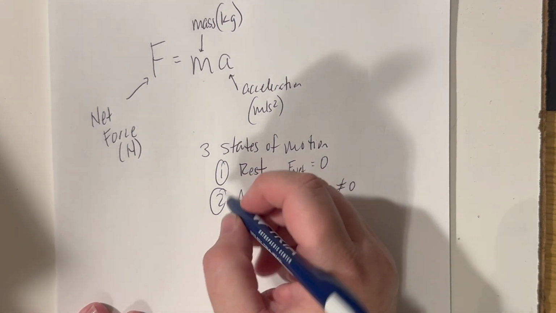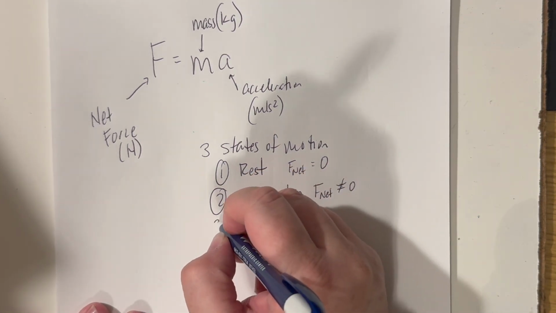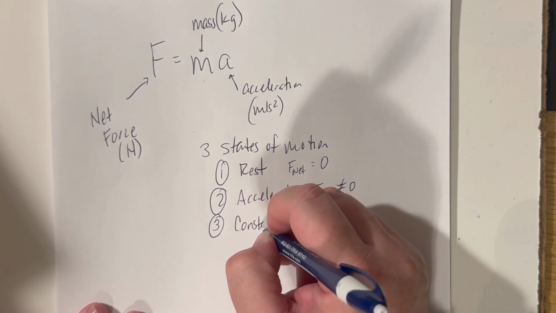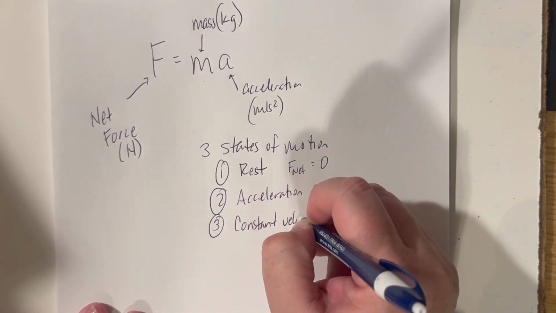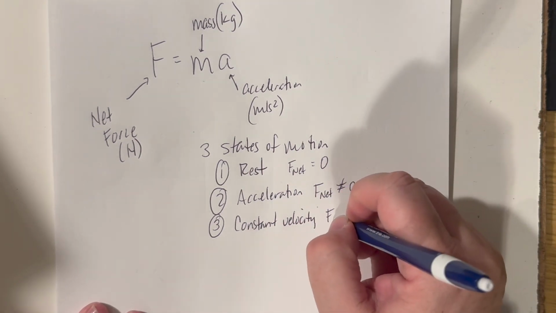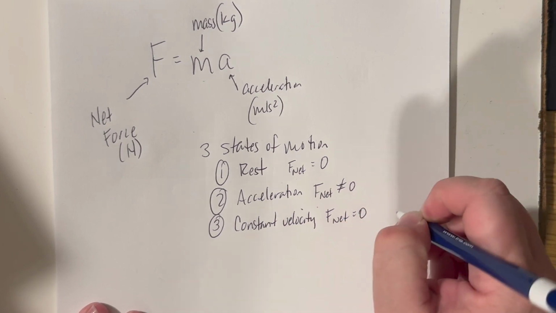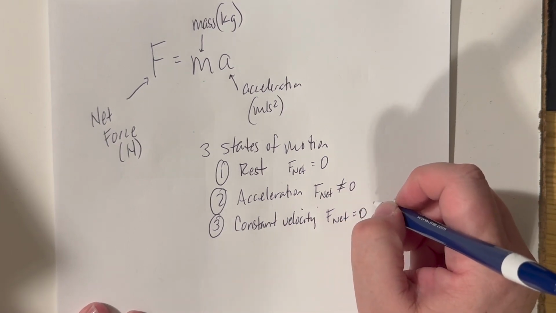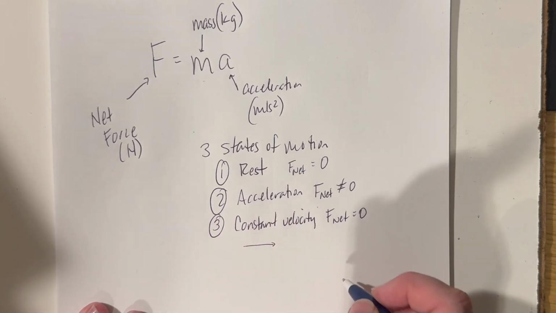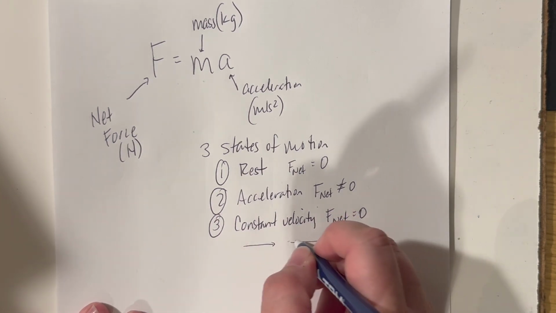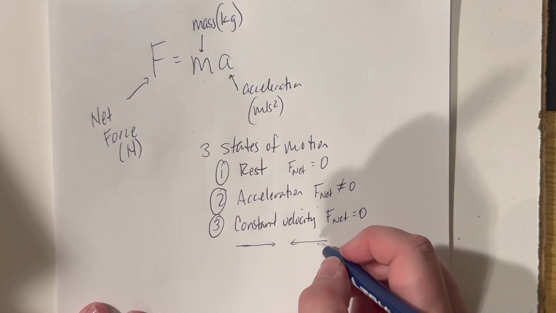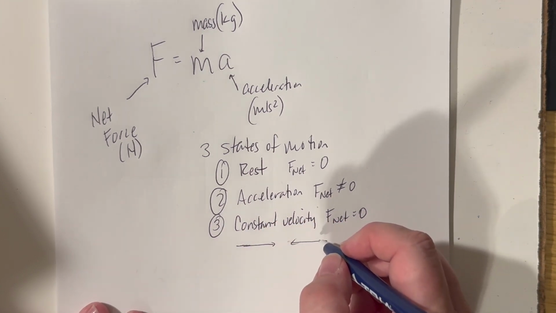The last one is one that's a little bit tricky and we'll talk more about in class, and it's constant velocity. What this means is still our net force equals 0. However, with constant velocity, it means you have enough force to keep it moving forward and an equal force going backward, that causes it to not accelerate.